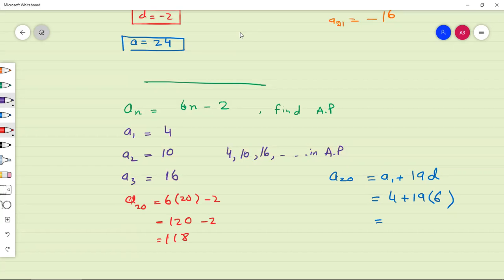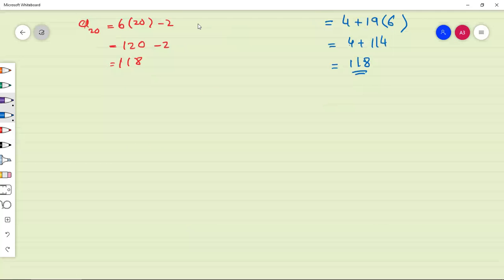And 19 into 6 is 114, plus 4 is also 118. So in both ways you can find the 20th term. Any problem in this arithmetic progression, you can ask.